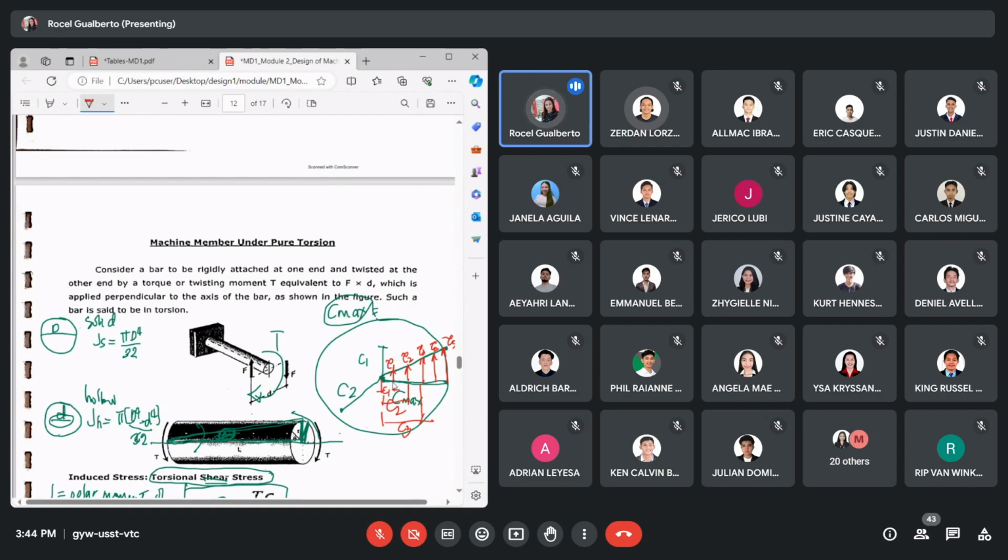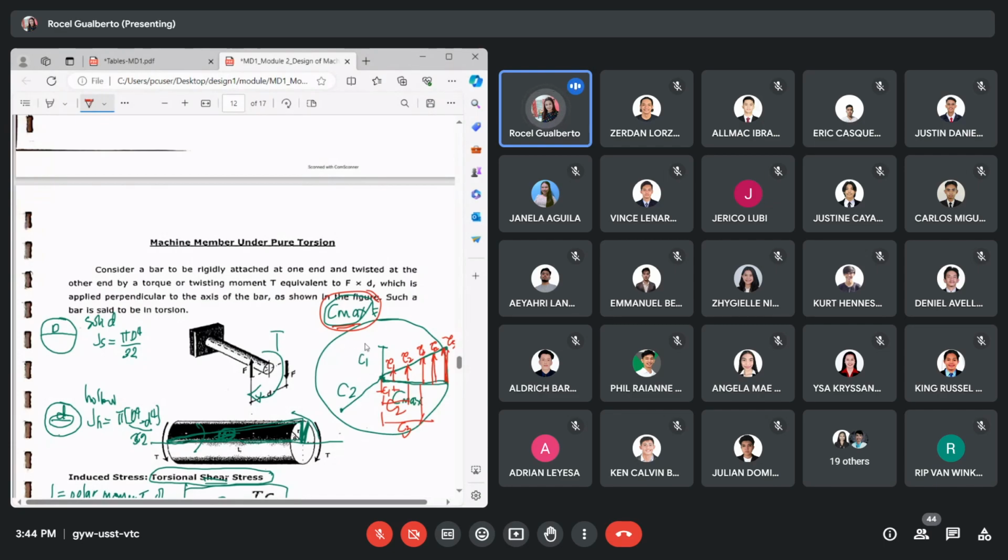Ibig sabihin po na habang lumalaki po yung value ng C, pag tiningnan ninyo ang amount of stress, nag-i-increase din po. So, yun po yung ibig sabihin. That is why we are using the C maximum. Kaya C maximum po ang kinukuha natin kasi ang kukunin din po natin na shear ay yung maximum.